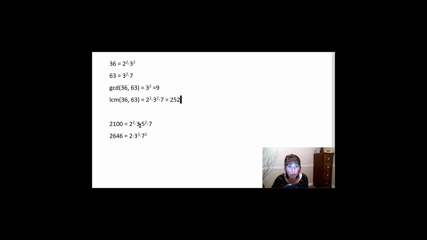Now notice these are with really small numbers, right? But we can do them with not quite so small numbers. These are still not large numbers, but they're not as small. Okay, so what we can do here is the same thing, but now we'll find the greatest common divisor of 2100 and 2646.